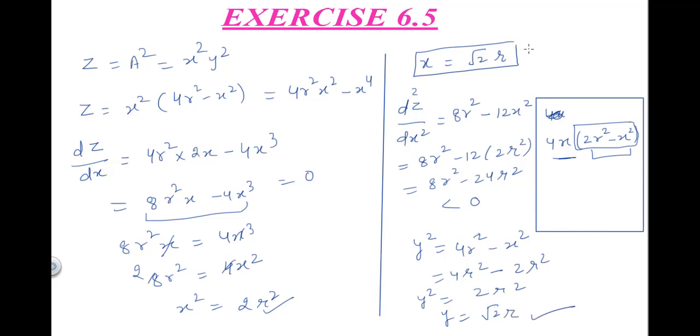If you notice carefully, the x and y values that we have got are exactly the same, and these were the length and breadth of the rectangle. If length and breadth are equal, that is not a rectangle, that's a square. So area will be maximum when the rectangle inscribed in the circle is a square.